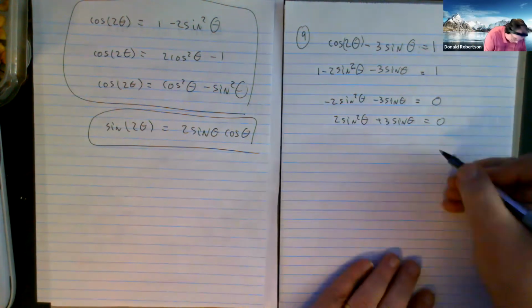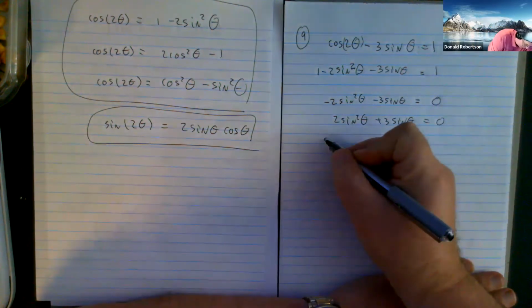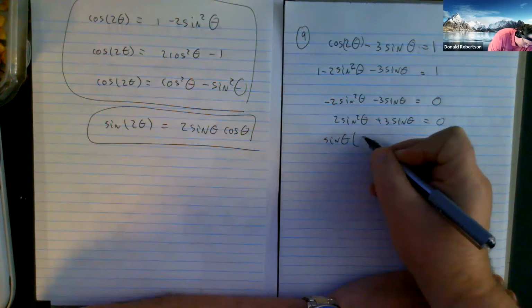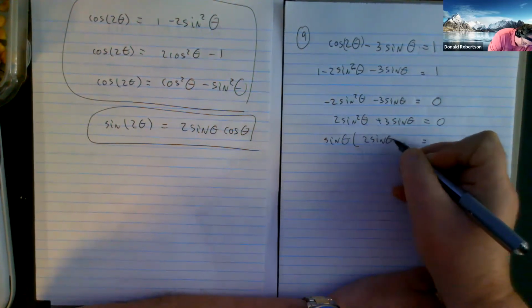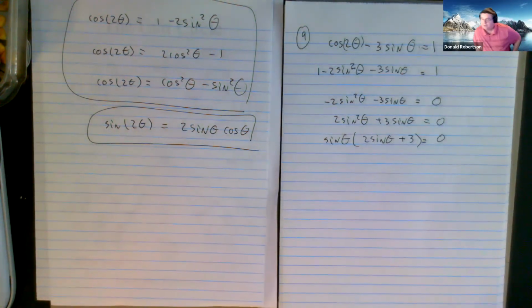Okay, now look at the left-hand side. Can you see a common factor that we can pull out? Sine theta. I hear a sound there. I hope you can hear me over the thing. That's my dog telling me that a leaf has just fallen on the deck, probably. Or somebody walked by my house.